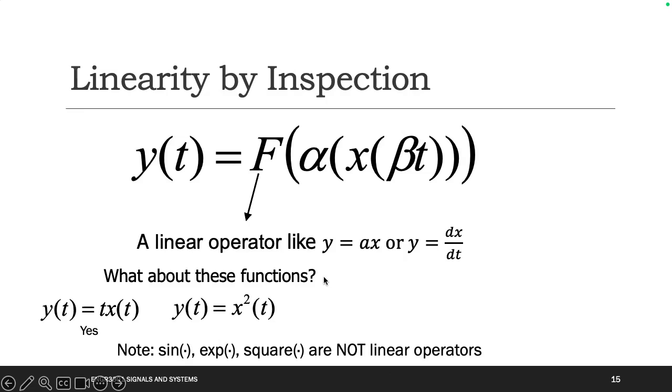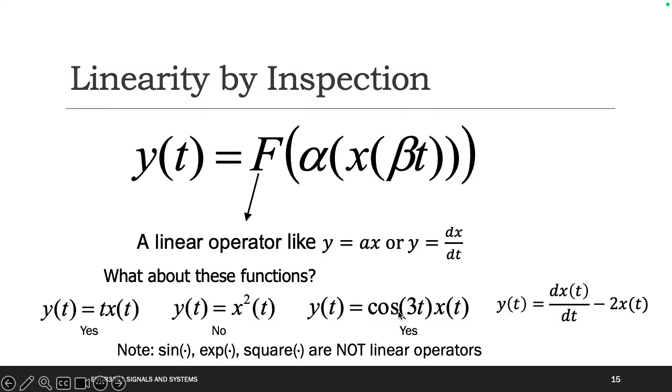Nonlinear, yeah, absolutely. And how about this one? You can see if your t is fixed, this is just a value, am I right? And how about this one? Also, yes, this is also linear.